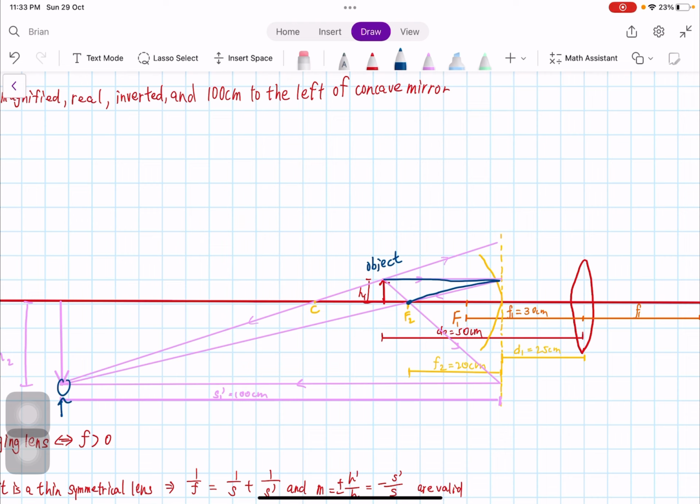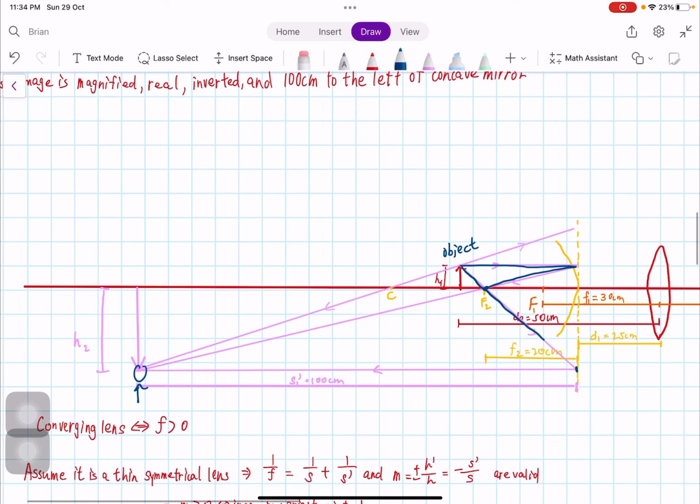The next ray we will draw is the one through the focal point. It passes through the focal point and to this point, and then it reflects parallel to the optical axis. These two rays converge at one point, which we find as the image. So it's this point again.